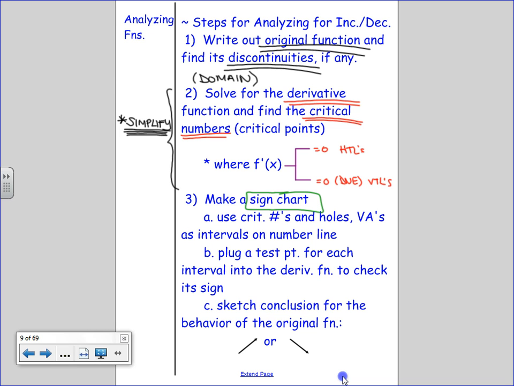And I wish I could pull out a board and show you one from this morning. Some of these can get to be a mess. And if you do not simplify into a common fraction with one numerator, one denominator to set equal to 0 for horizontal tangents, equal to 0 for vertical tangents, it's going to be a mess.